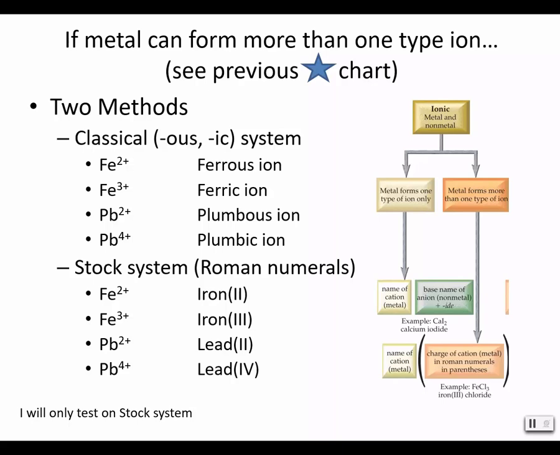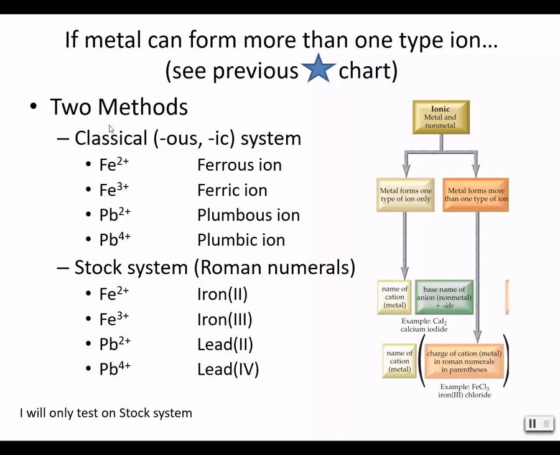If you were to purchase a bottle of FeCl3, for example, the label on that bottle would say iron(III) chloride. It would have this stock naming system. It would not say ferric chloride, the classical system. I'm not going to test you on the classical system, but I do at least want to mention it.